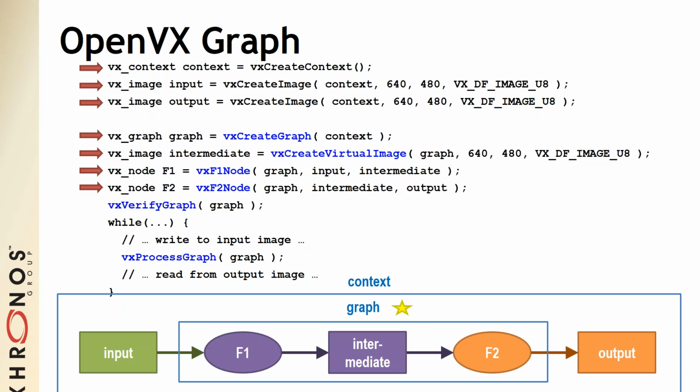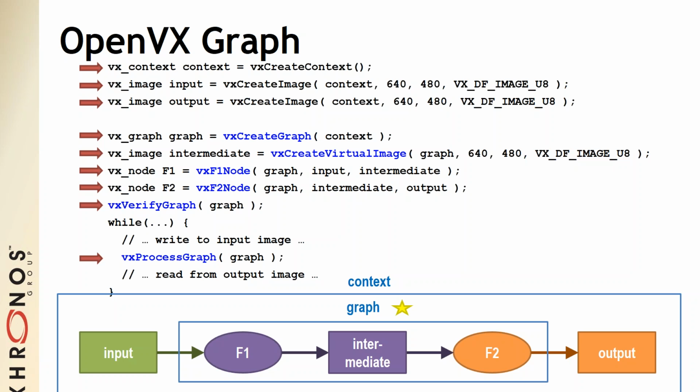Once you build the graph, you have to verify the graph to make sure there are no errors in the graph building, such as loops. The underlying framework gets to check everything. It also gives a chance for the underlying framework to do certain optimizations, such as where to use tiling, where it can reuse memories, where it can fuse the kernels. All those opportunities are available to an implementation during verify graph.